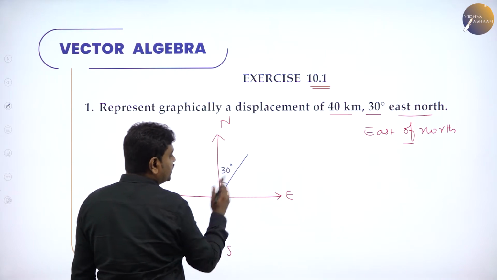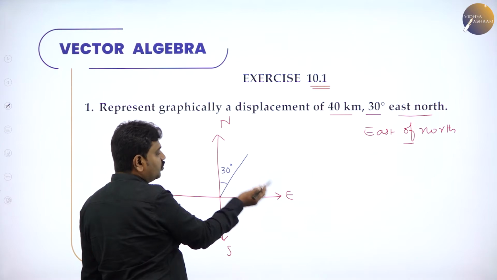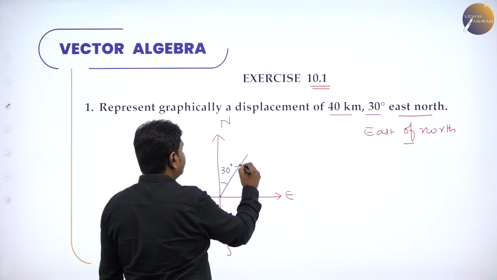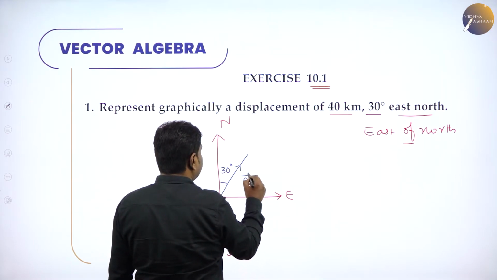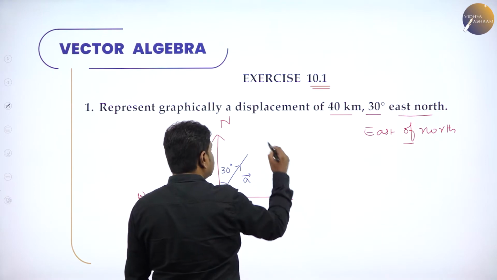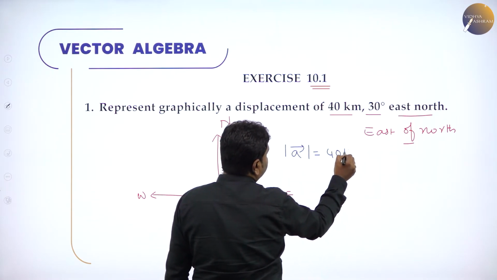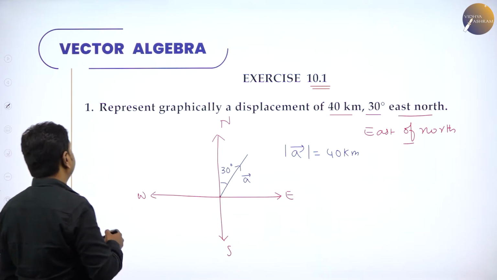North, towards what? East. East of north means from north, 30 degrees towards east. And this is a vector, and they told 40 kilometers. So if I say vector A, its magnitude, the length, is 40 kilometers. We read this as magnitude is 40 kilometers. This is vector A. This is the representation.